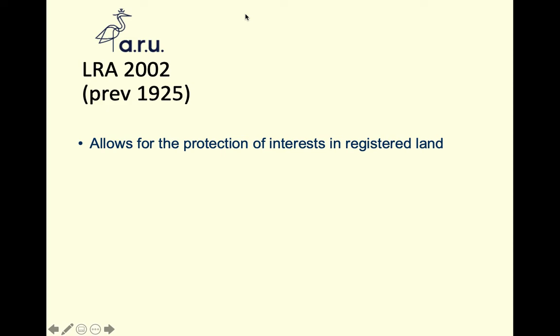So it's a protective mechanism for the people who have those interests. It's obviously in their interest to put themselves on the register so that anyone who comes along to the land can see that they are there.